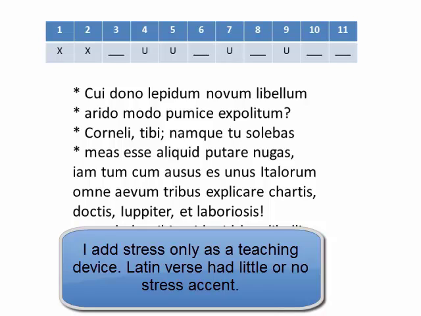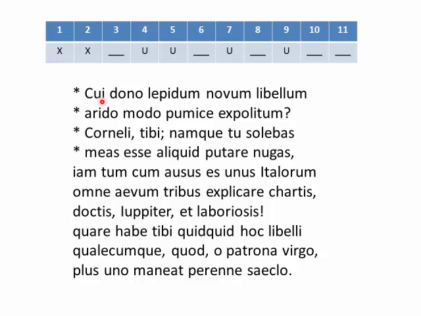All right, so let's get started. First line. Qui. You see, you don't know by looking at the qui whether it is long or short, because it doesn't fit in a spot in the meter where it has to be either long or short. It happens that the dative singular of the interrogative pronoun is short.